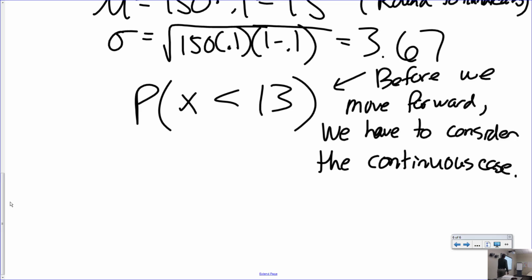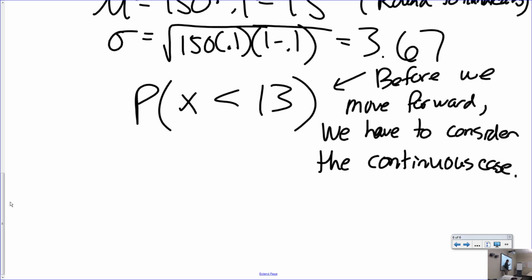Because normally, when we were dealing with stuff back in chapter 5, it was really easy for us to understand what less than 13 was, because that would mean we had to have 12 students, or 11 students, or 10 students, or 9 students, right? It was discrete numbers, whole numbers. When we're dealing in the x and z world, we're dealing with continuous numbers, values that can be decimals, all right? And what we have to do is be able to handle those decimals correctly, okay?